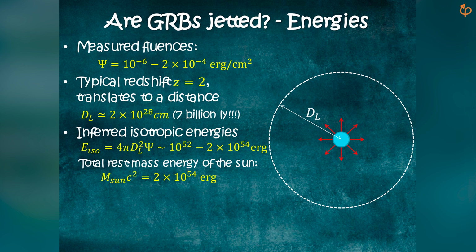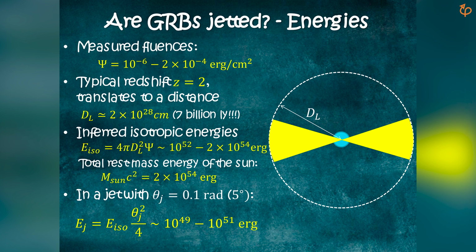So maybe what I'm seeing is not a spherical explosion, but just a jet that is pointing towards me. And then all these regions that I thought were hit by photons coming from the source, I was basically wrong, because the jet actually covers a much smaller fraction of the surface of the sphere.